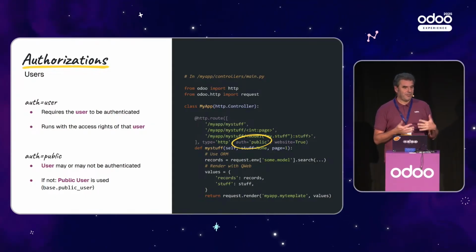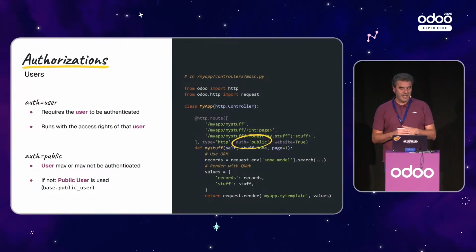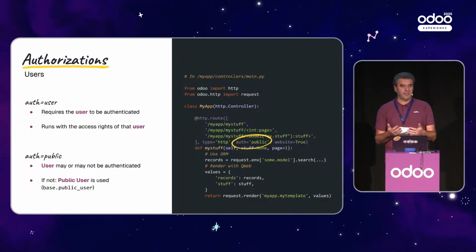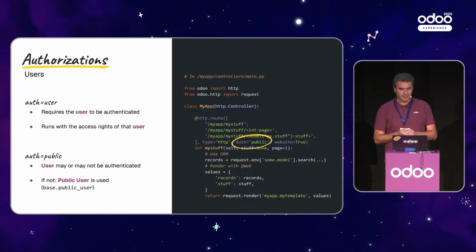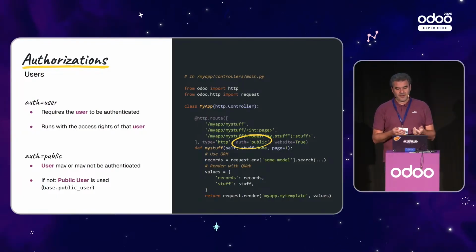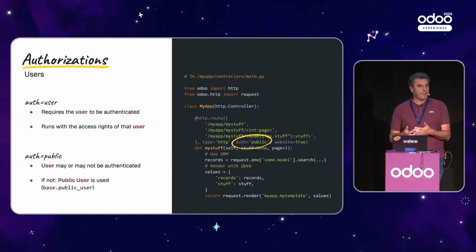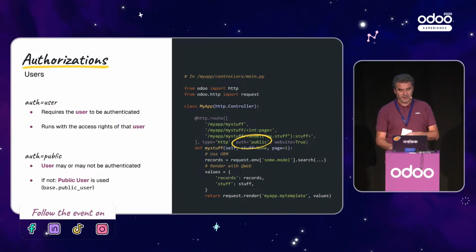If the user is not authenticated, it will use a default user that is built inside Odoo, which is named base.public_user. And so all the security settings that we have set for that user will be the ones used for visitors of a website, for example. If you specify that auth is user, then the call will only happen if an actual user is logged in and has been identified.